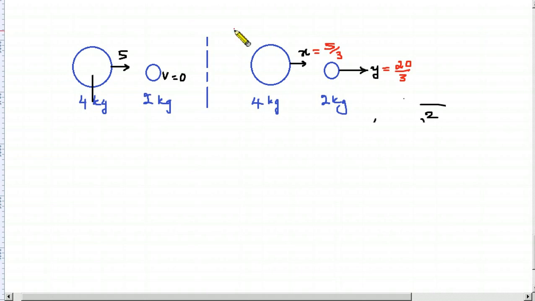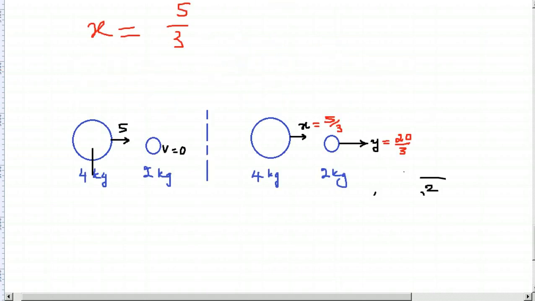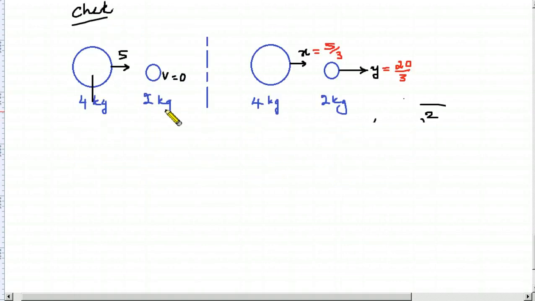You don't have to do all these things for multiple choice MCQs. You can't spend this much time, but I am teaching. If you like, you can do it. So checking. What we are going to check is whether these values match those rules.